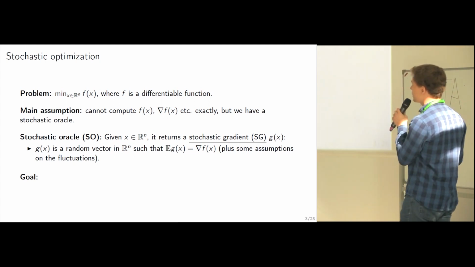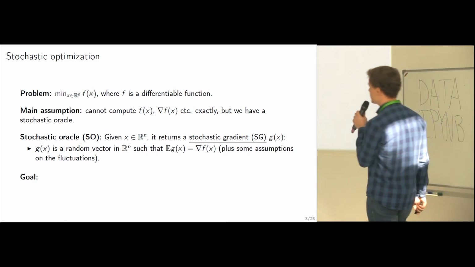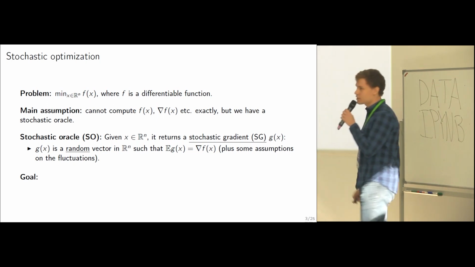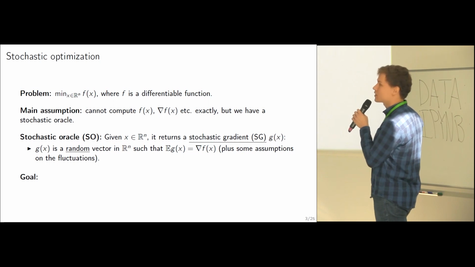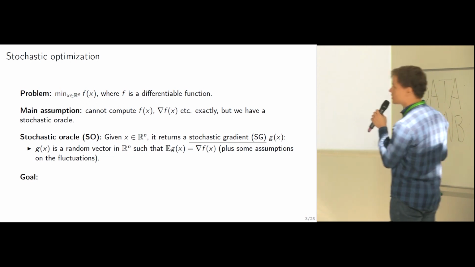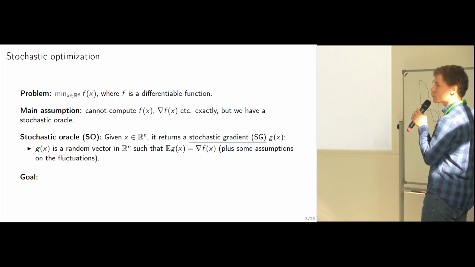But this is the most popular kind of stochastic oracle, and it is already very useful, as we'll see. In this talk, we are going to assume that the stochastic oracle returns only gradients. Again, these are not true gradients. These are random vectors, and their expectation equals the true gradient.